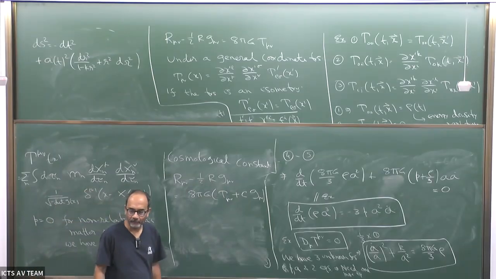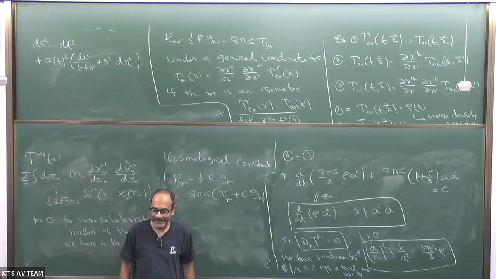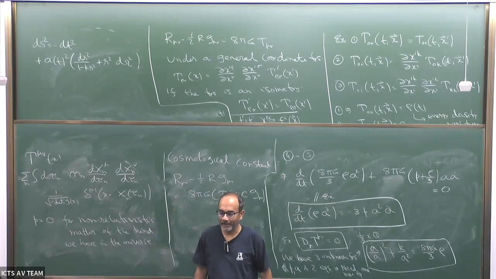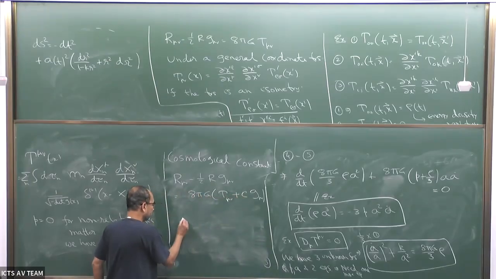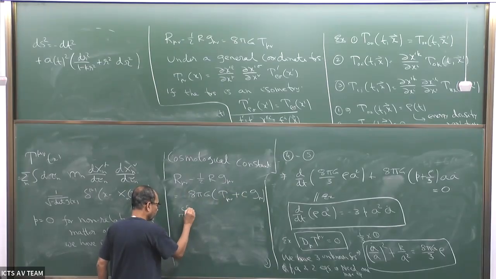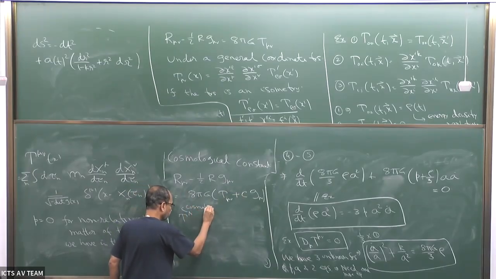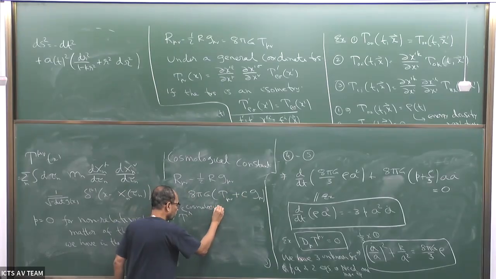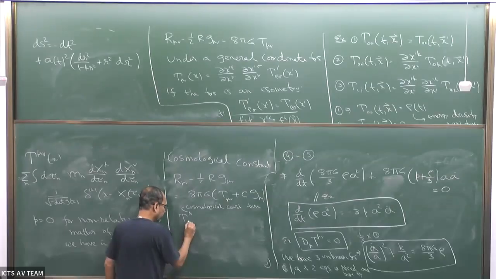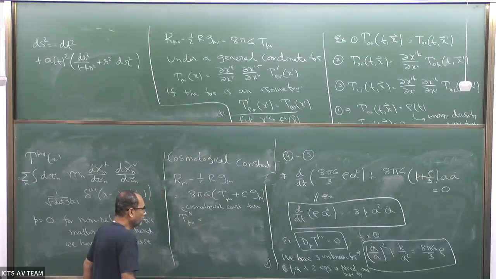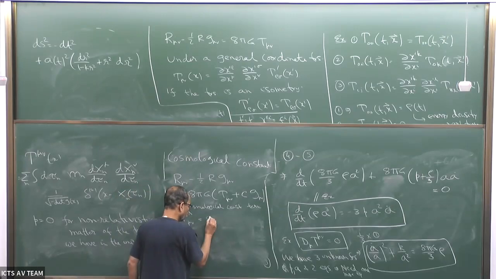Because experiment tells us that we have a cosmological constant. So I'm just telling you that if you have a cosmological constant, what kind of energy momentum tensor you will get. What this is saying is that T lambda mu nu, where lambda stands for the cosmological constant term, will be proportional to, sorry, is C times g mu nu.